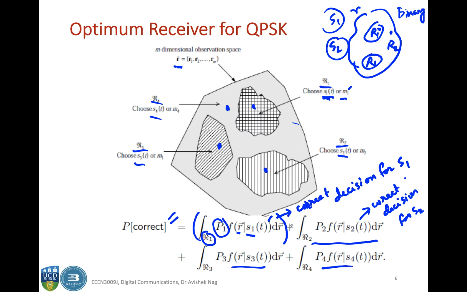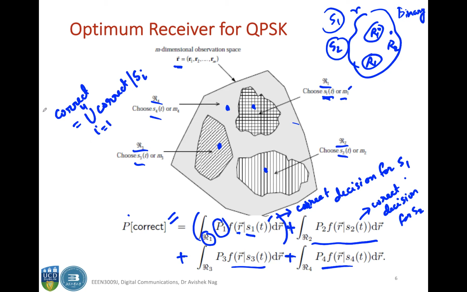If you add all the probabilities of correct decisions together, you get the correct decision for transmitting any of the signals. Basically, this correct decision is the union of the correct decision for sending the ith signal, where i is from 1 to 4.